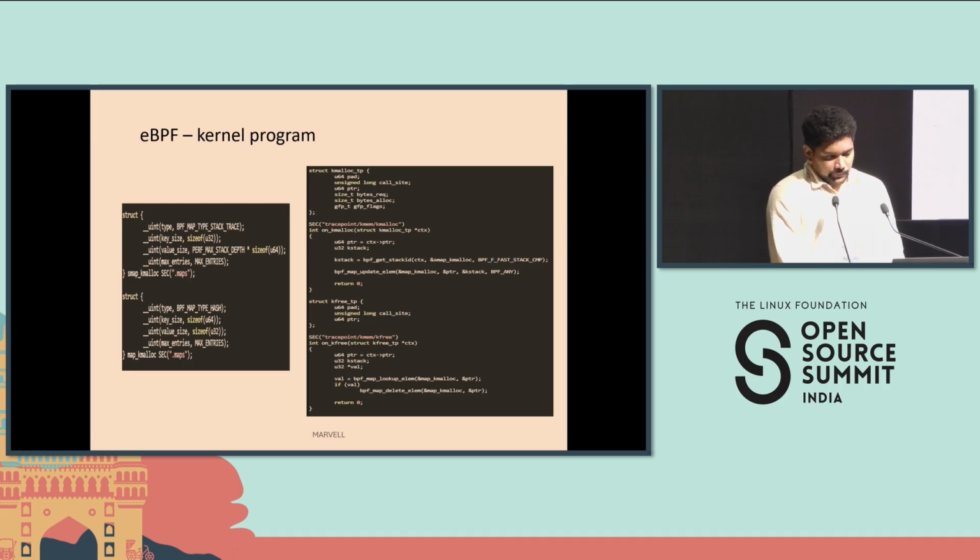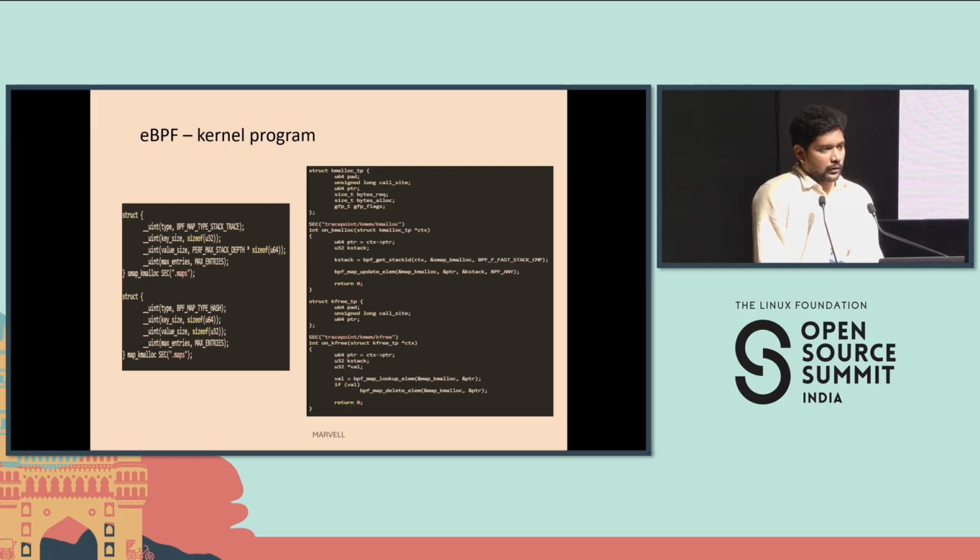Now, simply, as I said, just two-line code on kmalloc: I'm getting the unique U32 stack ID and storing that as value, and the address of the allocated memory block, which is in one of the arguments of the tracepoint, I'm storing as key. If you see above, the pointer is there, bytes requested is there. And on kfree it's simple: I just look up map_kmalloc with the address as key, and if I find that element, I remove that pair altogether.